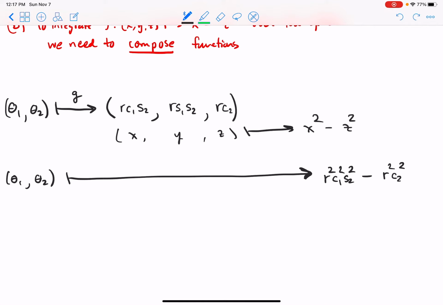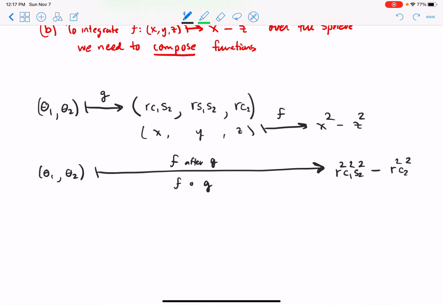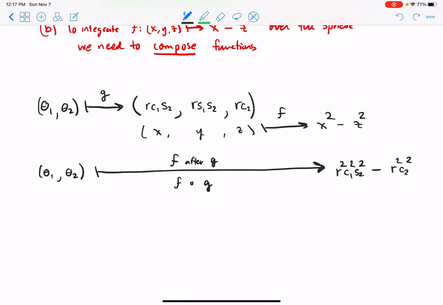That's fine. And this is the function, well, if this is f, then this is f after g, which in Julia you can denote like this, where the symbol is \circ. It means compose the functions. In a computer, composing functions is very important. And also in math, it's very important.